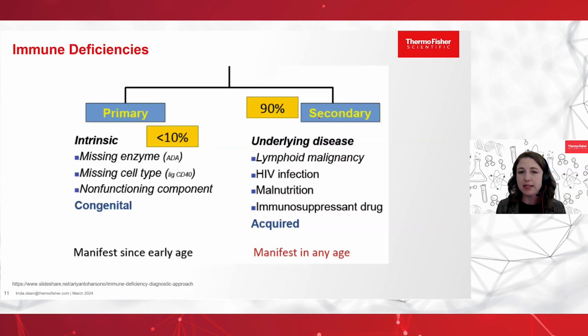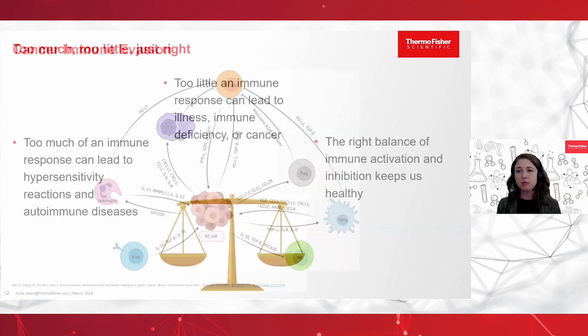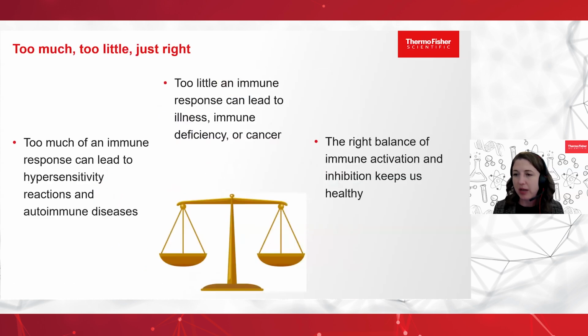And there also may be secondary immune deficiencies that occur because of infections, drugs, or malnutrition, etc. Additionally, our immune cells help fight off and kill precancer cells. And if we become immune suppressed, we may lose some of that capability and we're more likely to deal with a cancer situation. So, the right balance of immune activation and inhibition keeps us healthy.